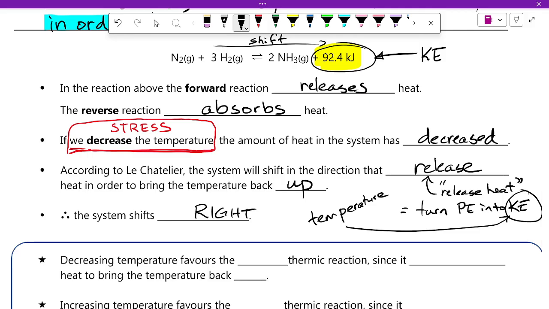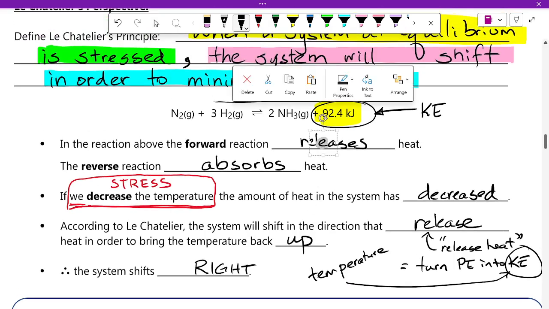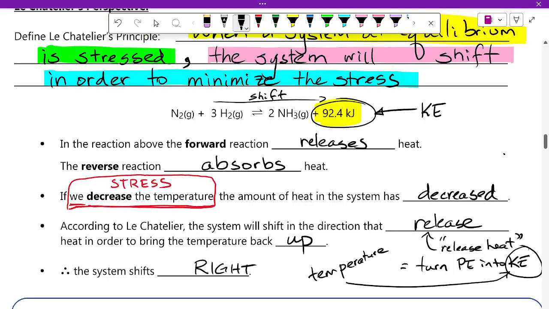Now, if you like the pulley system, you can treat the heat term as a product. You can say, here's my heat term.